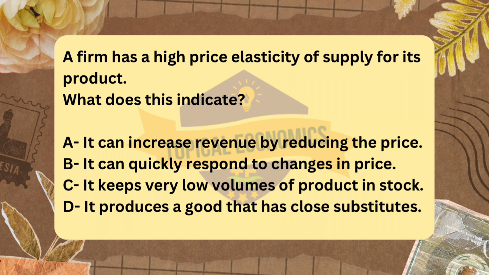Supply elasticity concerns the ability to increase or decrease production, not inventory levels. Lastly, option D, it produces a good that has close substitutes, is related to the elasticity of demand, not supply. Goods with close substitutes generally have more elastic demand, not supply.